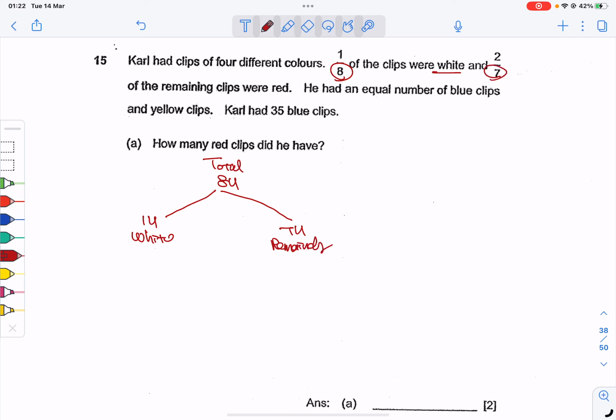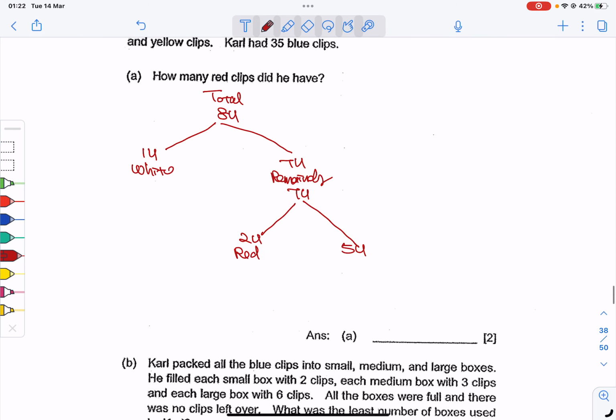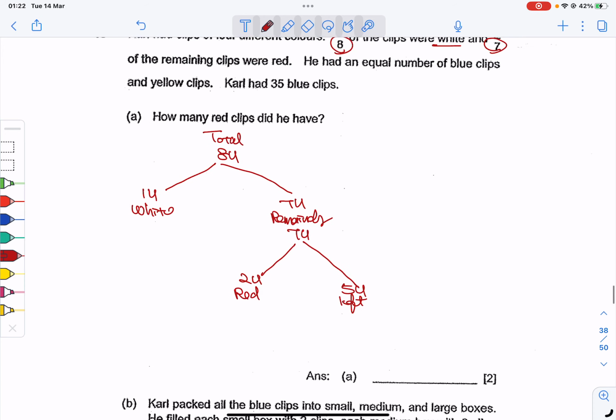And 2/7 of the remainder. So 7, and 2/7 of the remainder will be red. So we lay down, and then we have 5 units left. Now this 5 units left, they have an equal number of blue and yellow.